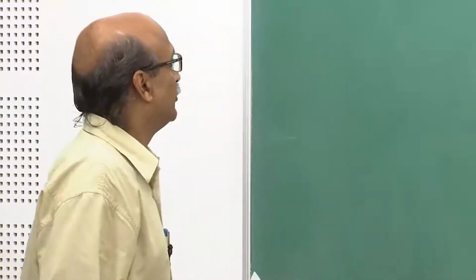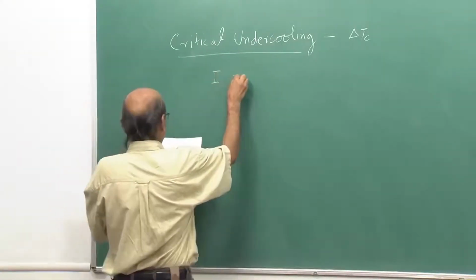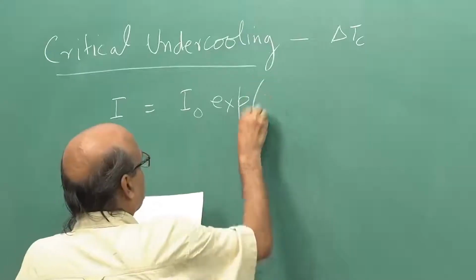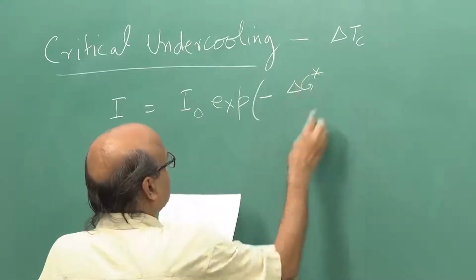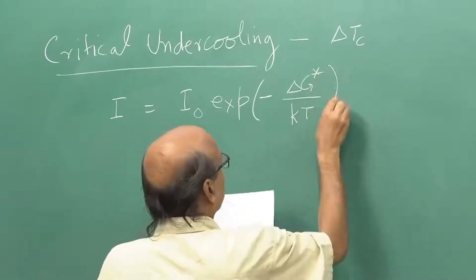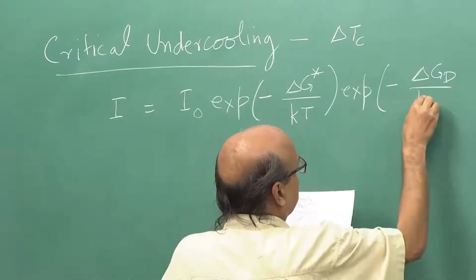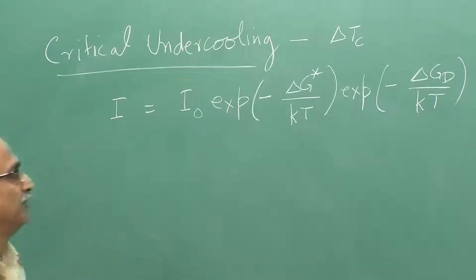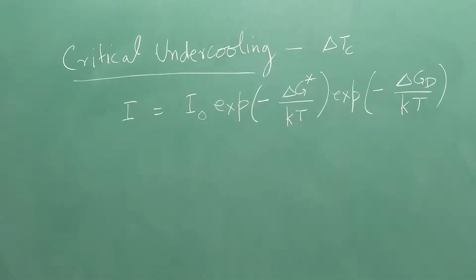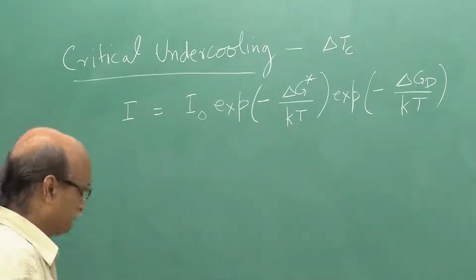Let me just write down the equation for the nucleation rate, which I had already written in the last lecture: I is equal to I naught exponential minus delta G star, the critical free energy for nucleation, divided by kT, multiplied by exponential minus delta GD upon kT, where delta GD is the barrier for an atom to jump across the liquid solid interface to make the critical nucleus supercritical.